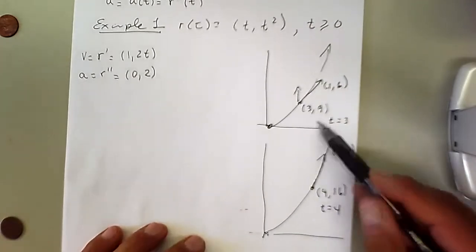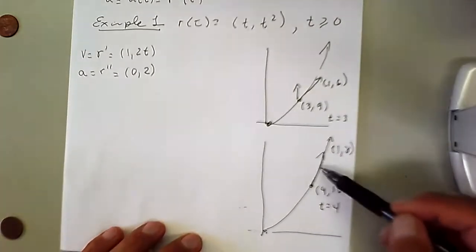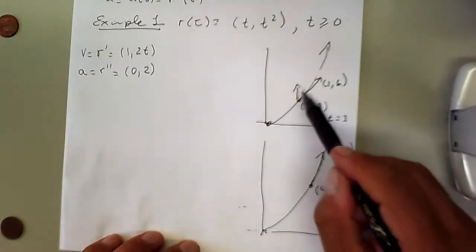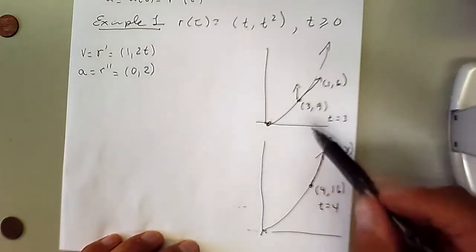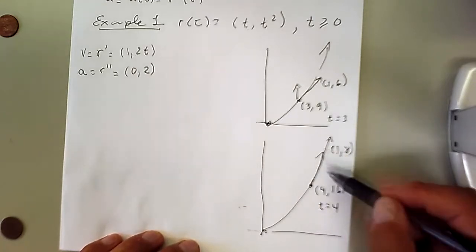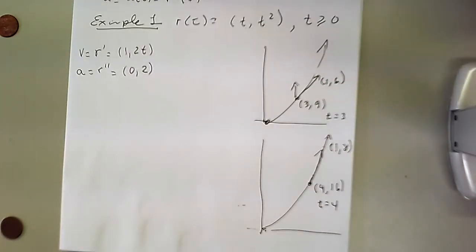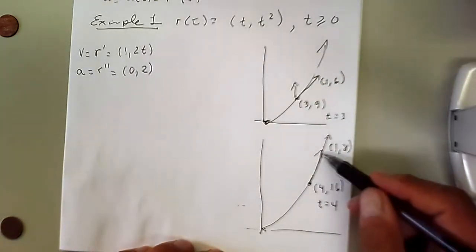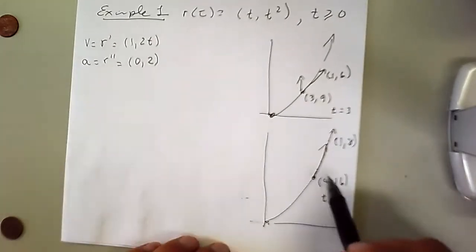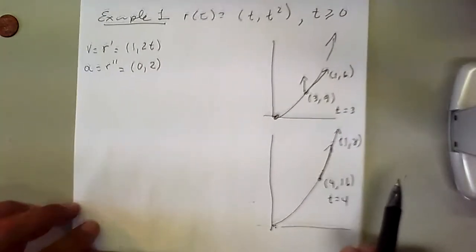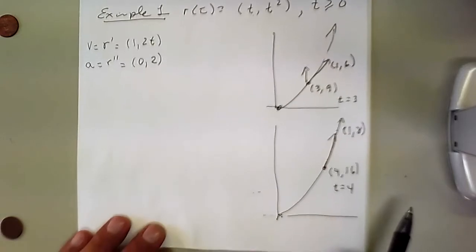This particular example worked out really well, but not all of the examples are that easy that you can just add a vector and get the next one, because this is a continuous change. We don't have a discrete change where you just add 0, 2 every time. This particular problem just worked out nicely, but many of the problems are not as easy.